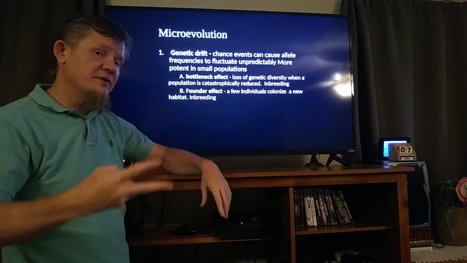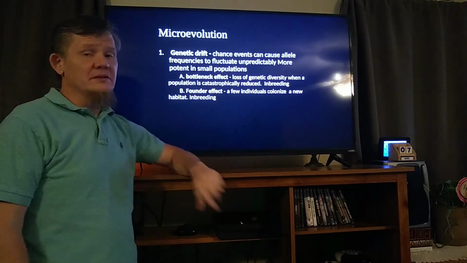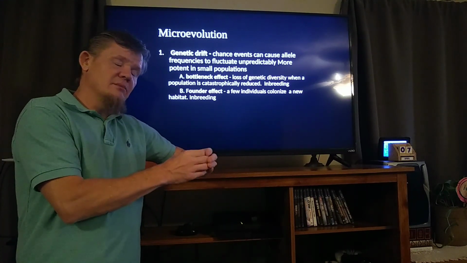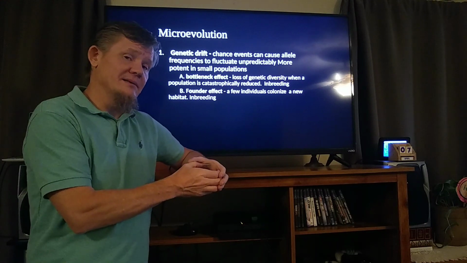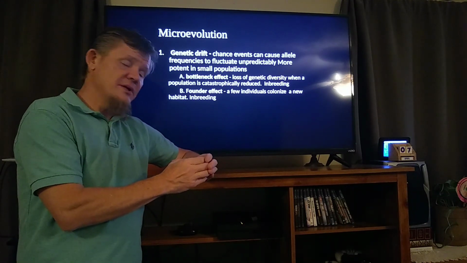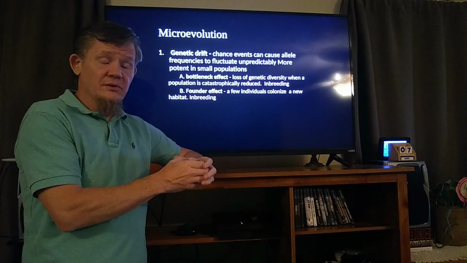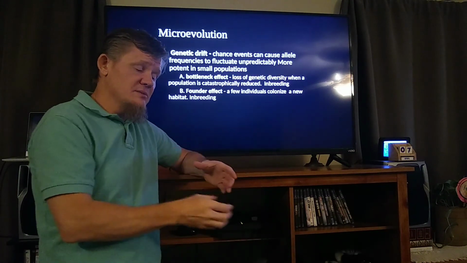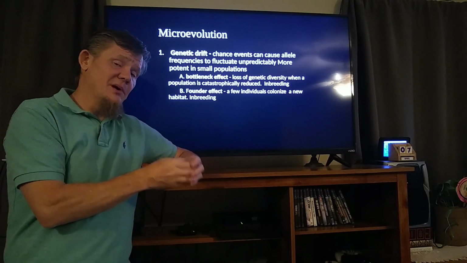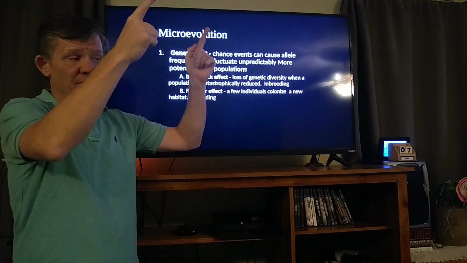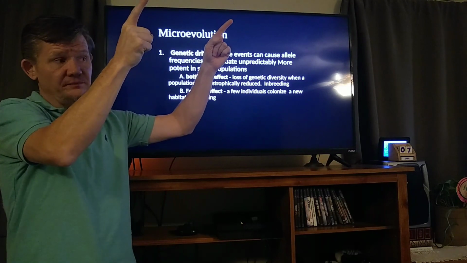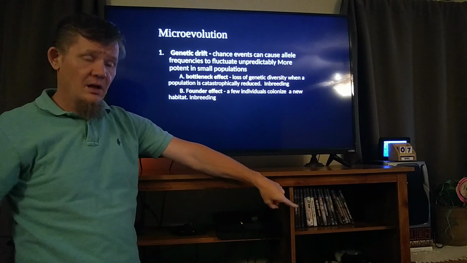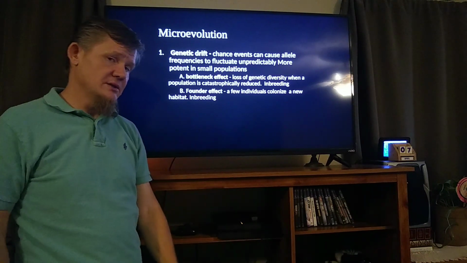The two different conditions are, with the bottleneck effect, the reason why this small group of individuals is living and breeding together is because everybody else died. And the only reason why they lived, the only reason why they are giving birth to all of the future generations is because they're the only ones that survived. The bottleneck effect. The population has gone through a very big bottleneck. There was a whole bunch of them. Very few of them survived, and then they gave birth to a bunch more over many generations.